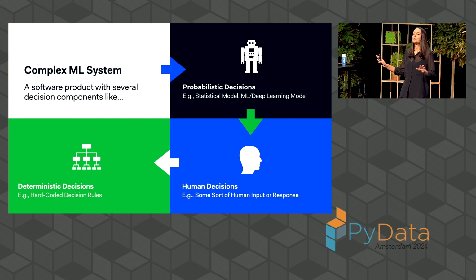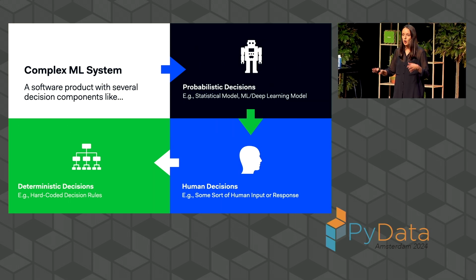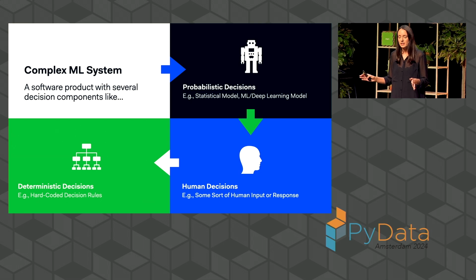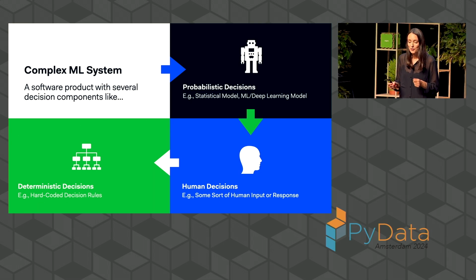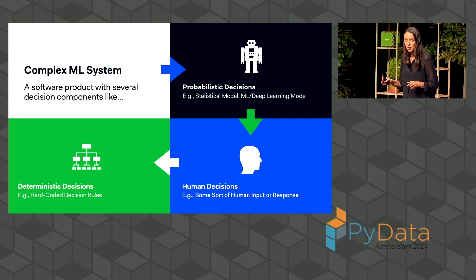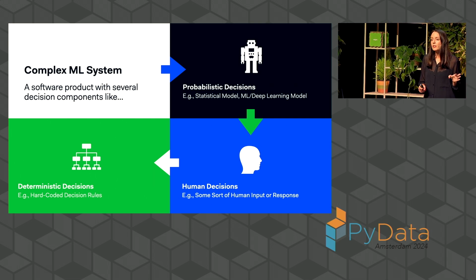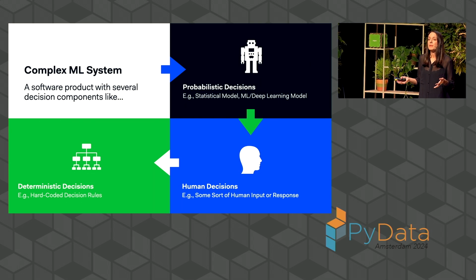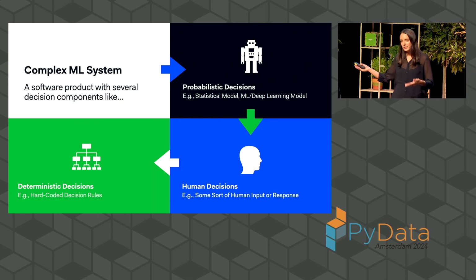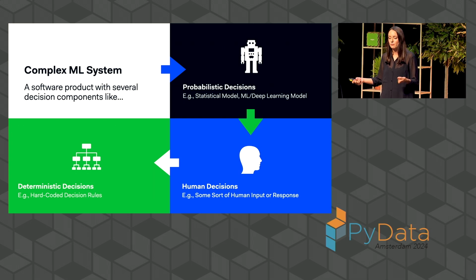So now I use the word complex machine learning system or complex system a few times. Let's start with the definition of how I would define a complex machine learning system. So I'm talking about a software product that involves several decision components. The first one are probabilistic decisions. Of course, I'm a machine learning scientist. I'm talking about systems that involve either statistical models, classical machine learning models, or deep learning models.